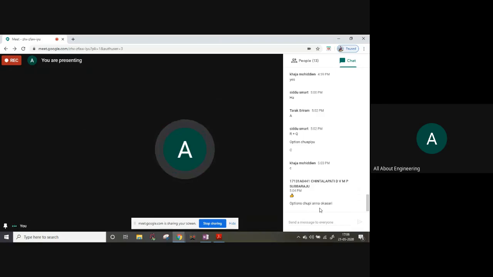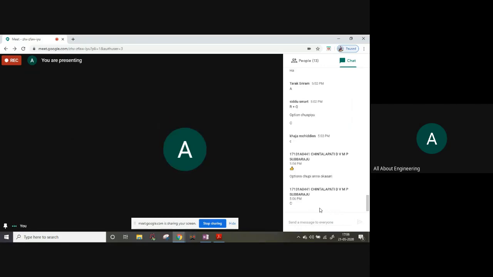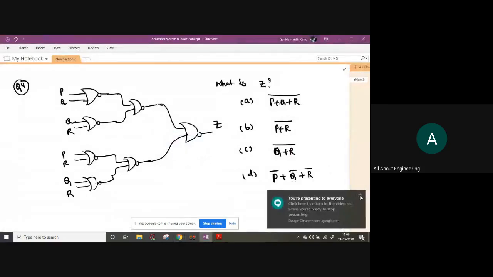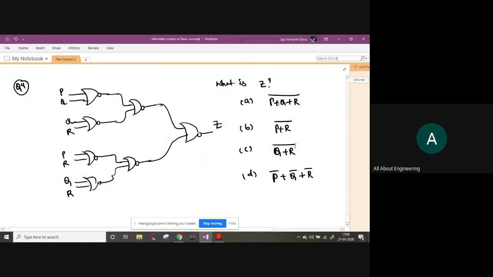After showing options, if you are not replying, it means you got a different option than those 4 options that are present. Yeah, Sai Varun, okay, Subraju kept C and Sai Varun kept A. Okay, I got 2 repeated answers, that is option A and option C. So let's check which one among them is correct.